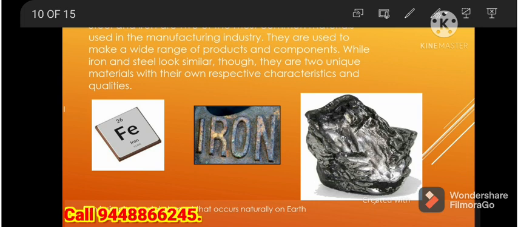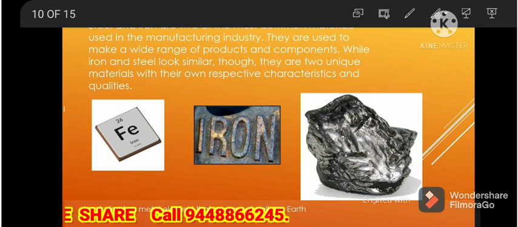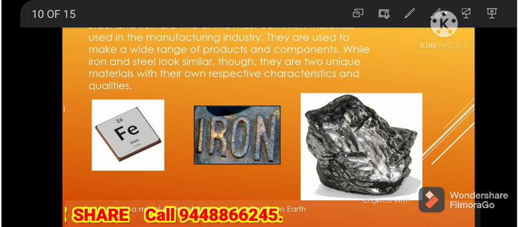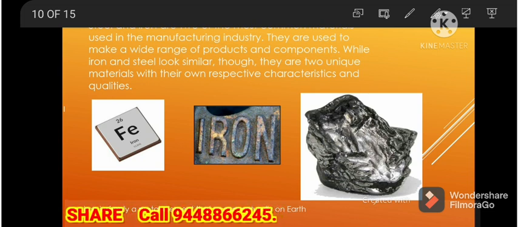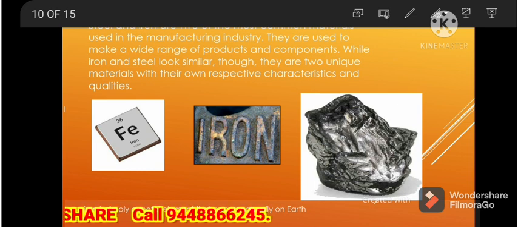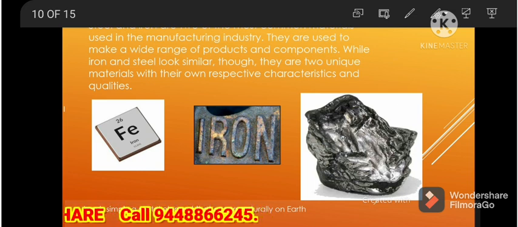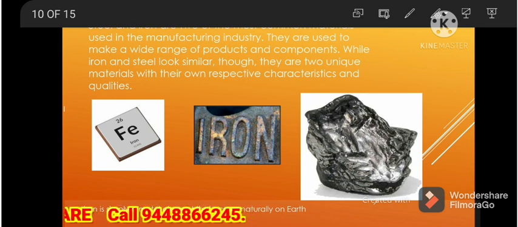The first figure is iron. The chemical symbol is Fe, and the atomic number is 26 in the periodic table. That means it is a naturally occurring material, an element available in the periodic table. Iron is simply a metal element that occurs naturally on the earth.